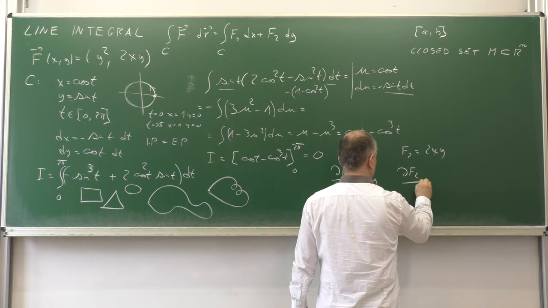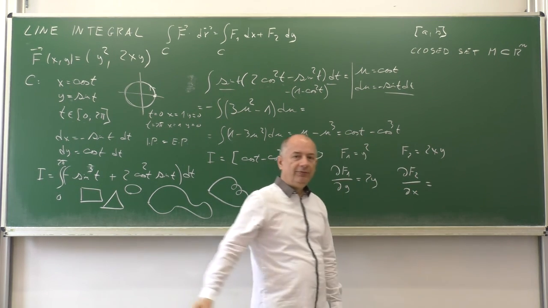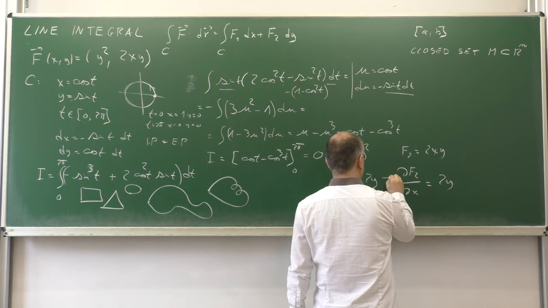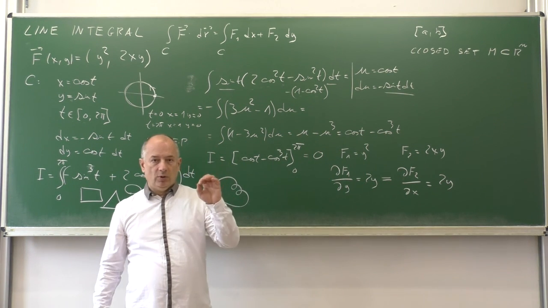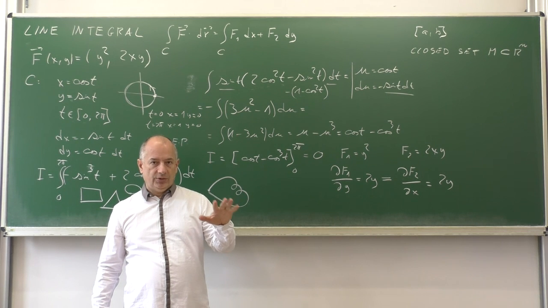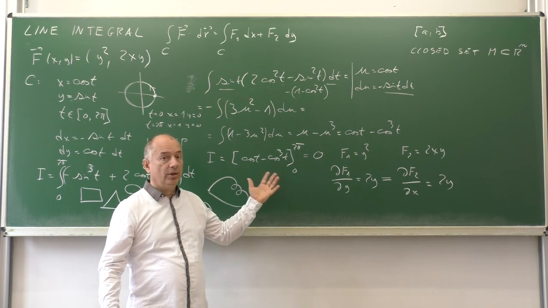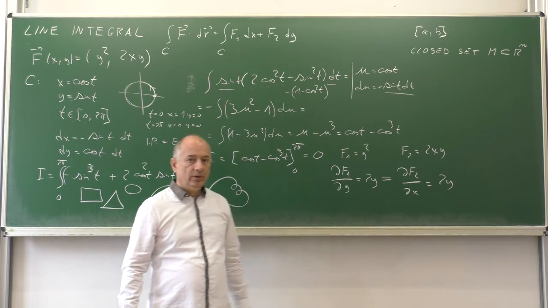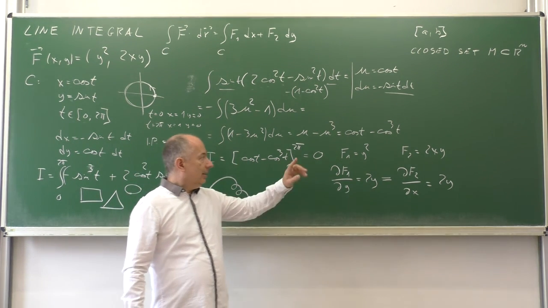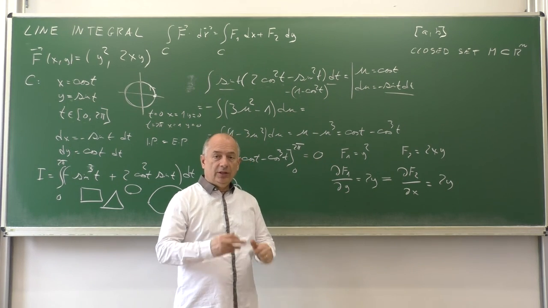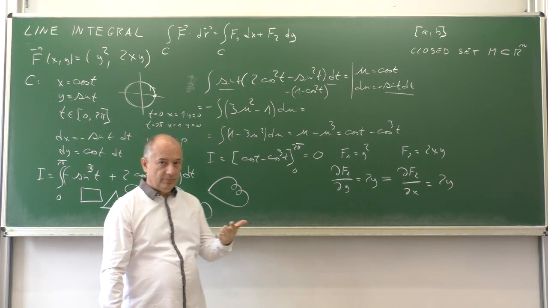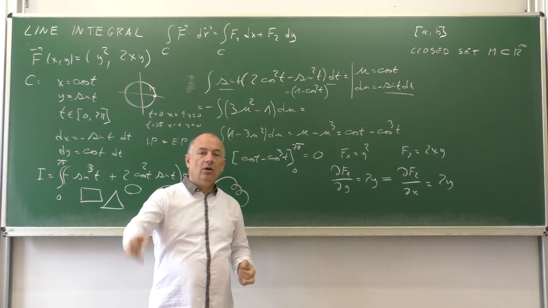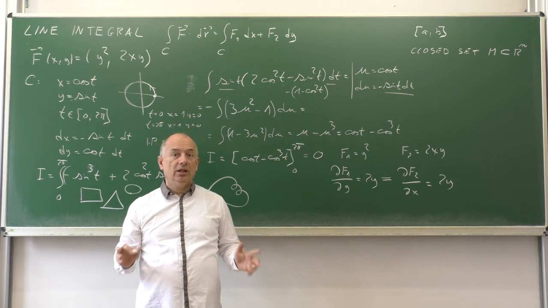And then the derivative of the second component with respect to the first variable x, and this is 2y. And if this is true in some open, simply connected set, which R2 perfectly is, then the vector field is conservative, it has potential, the integral is path independent, and the line integral along a closed curve is equal to 0.